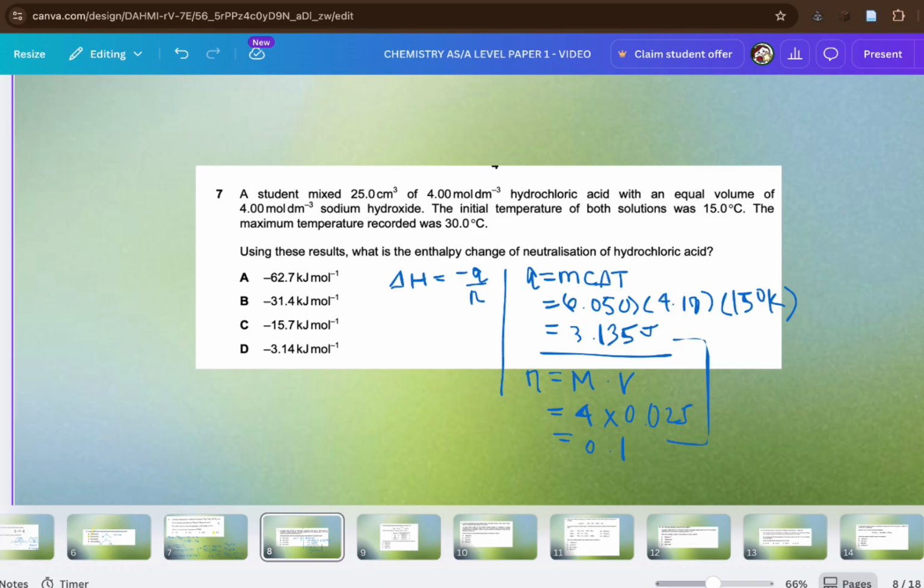We will divide Q with n, which results in 31.35, which we will round to 31.4, which is B. By the way, don't forget to put a negative sign here. Next question.